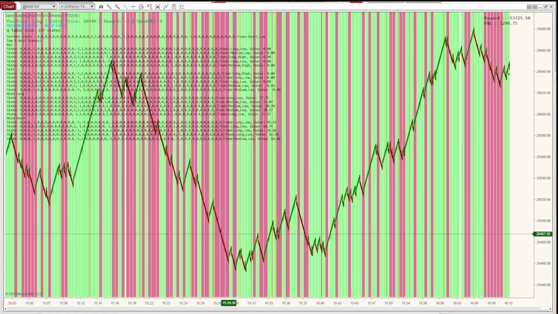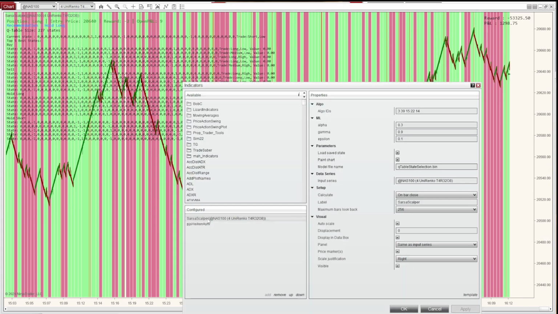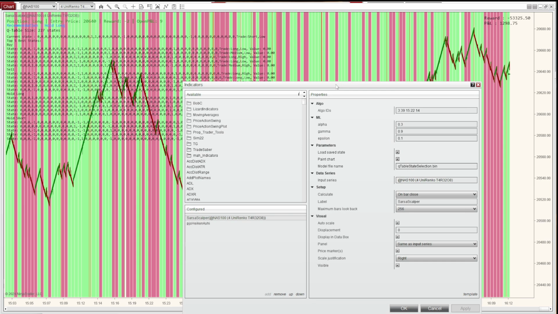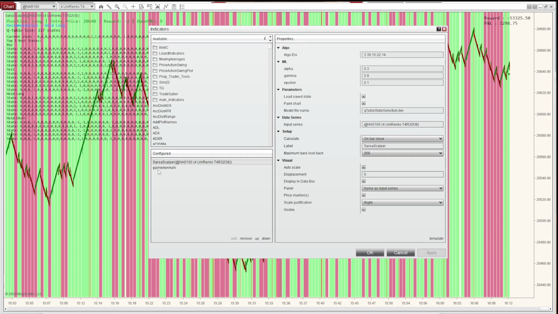For my testing, to simplify it, I'll show you the indicator properties. I just called it SARS Scalper because it's a form of Q-learning. I have these 1, 2, 3, 4, 5 algo ID inputs.